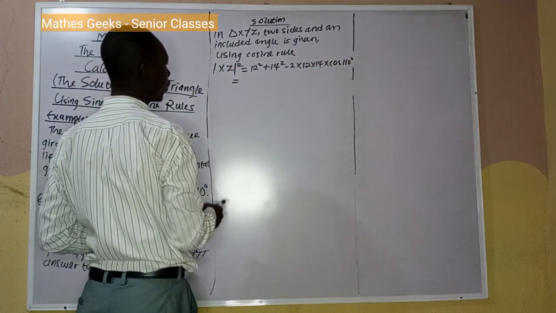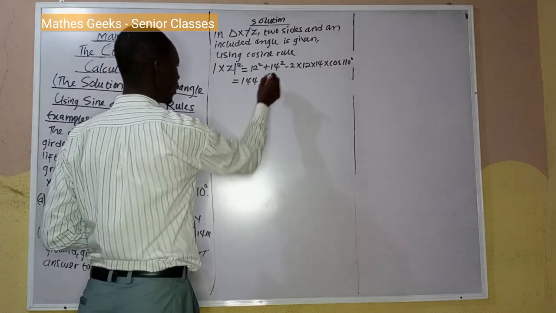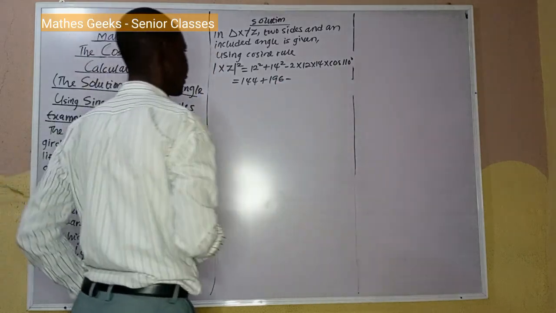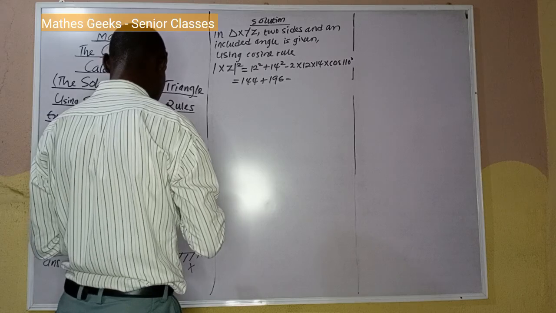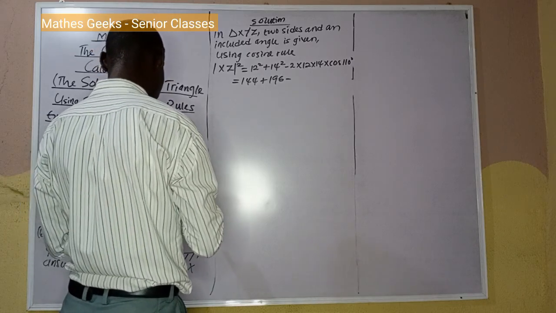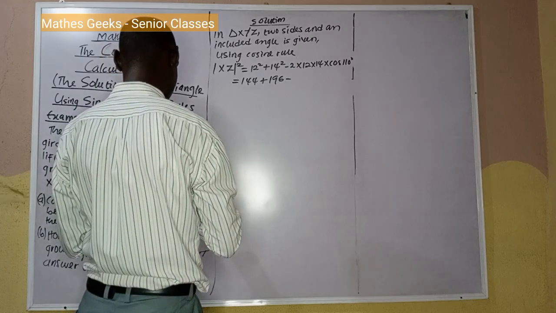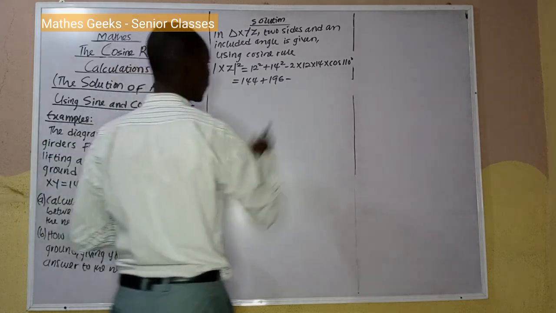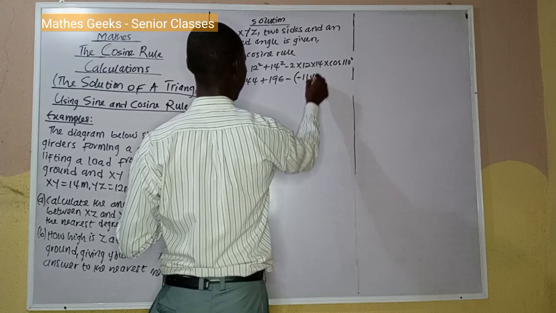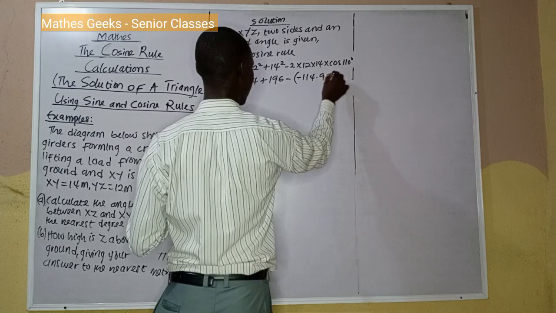This will give me 12 squared is 144, 14 squared is 196, minus 2 times 12 times 14 times cos 110, which will give me minus 114.992.